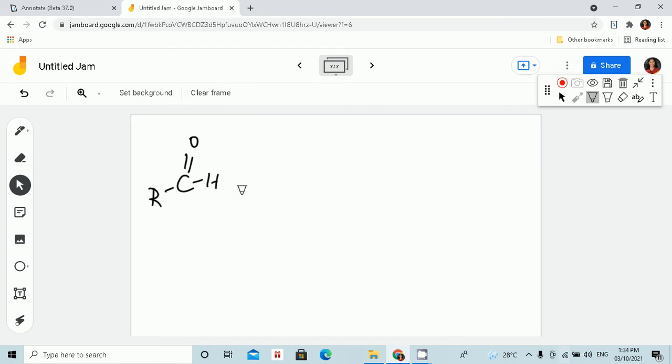Using Tollens reagent, which comes from a German chemist, when we add an oxidizing agent, this will become a C double bond O and then OH.